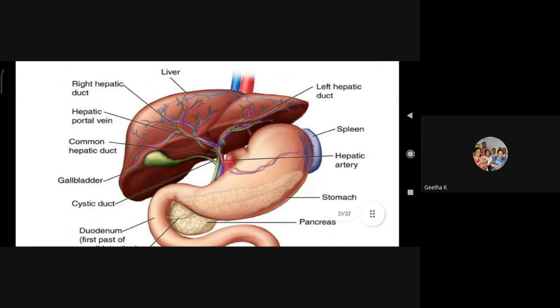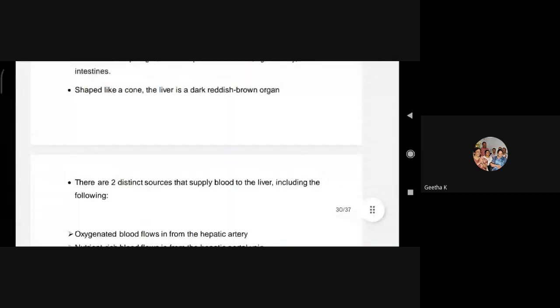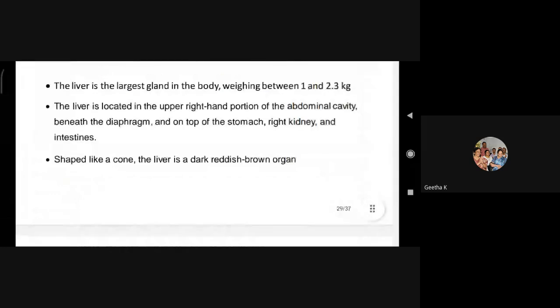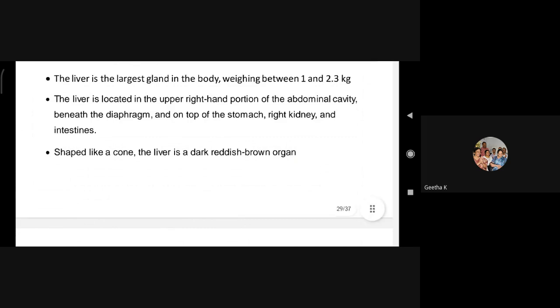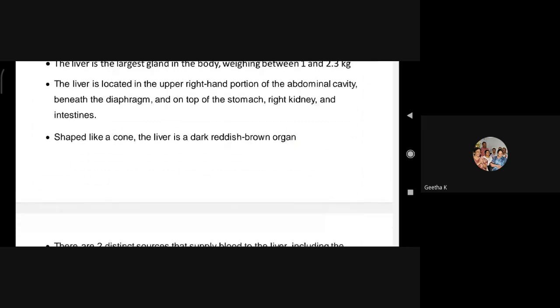Now, located in the upper right hand portion of the abdominal cavity beneath the diaphragm. Yes, abdominal cavity means under diaphragm, and on the top of stomach, right kidney and intestine. Shaped like a cone. Yes, it is like a triangle in shape.